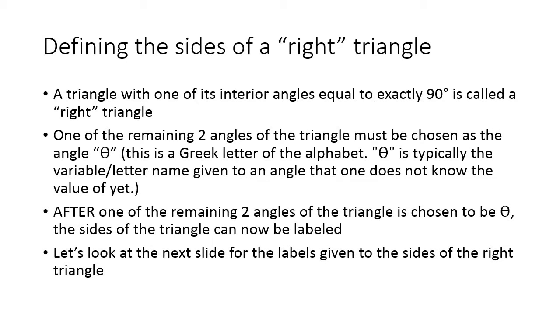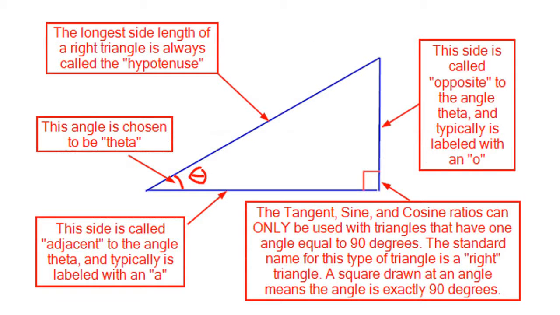Let's look at the next slide for the labels given to the sides of the right triangle. So follow my cursor here. Looking at the bottom right, tangent, sine, and cosine ratios can only be used with triangles that have one angle equal to 90 degrees, i.e. a right triangle. This square here signifies that that interior angle of the triangle is exactly 90 degrees.